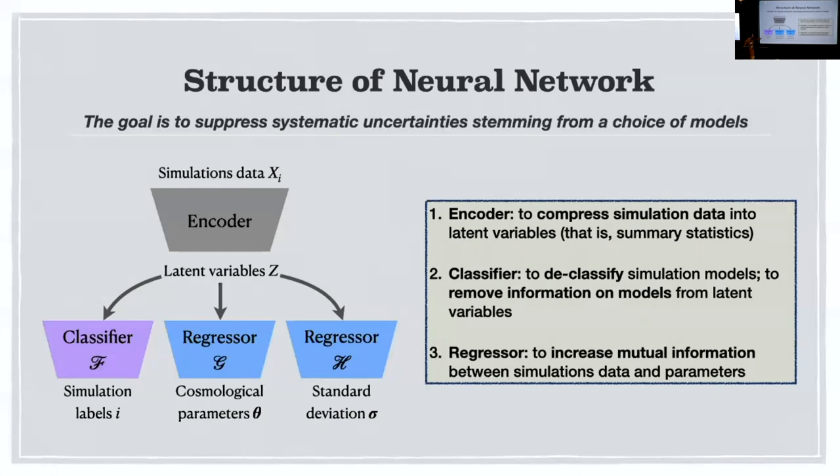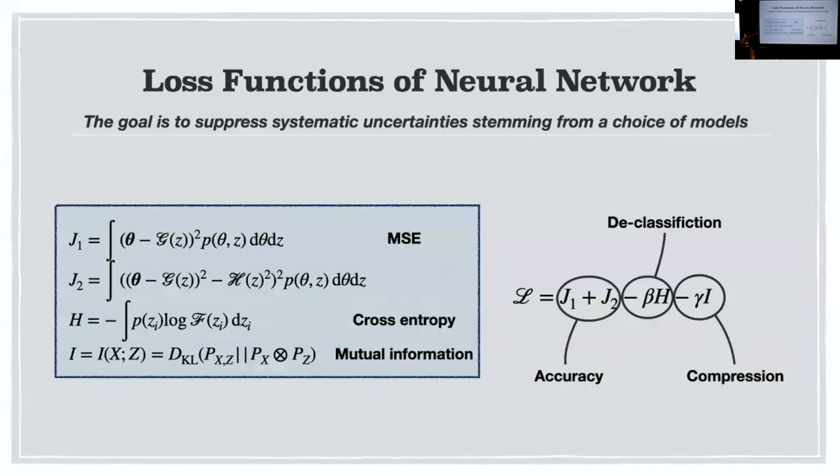And the regressors are, of course, for the primary estimation, the usual. This is our loss function. We have mainly three loss terms: J1 and J2 for the regressors, H is the cross entropy for the classifier, and I is mutual information.